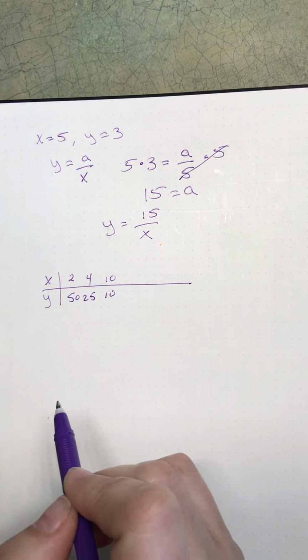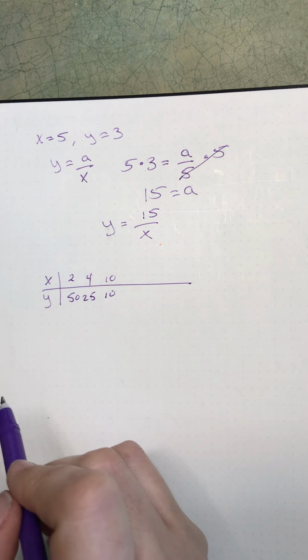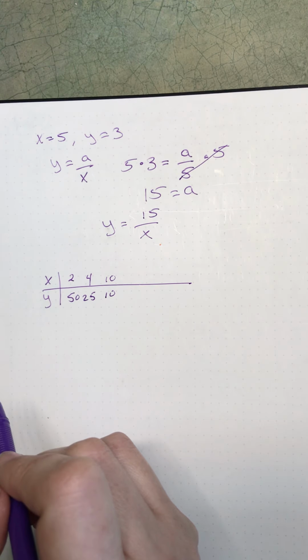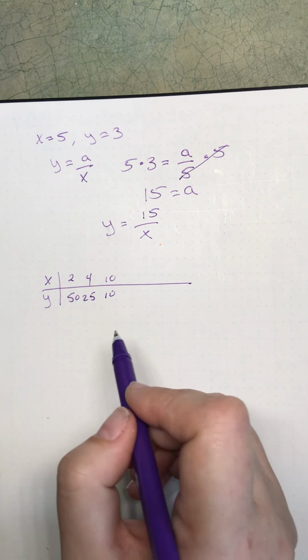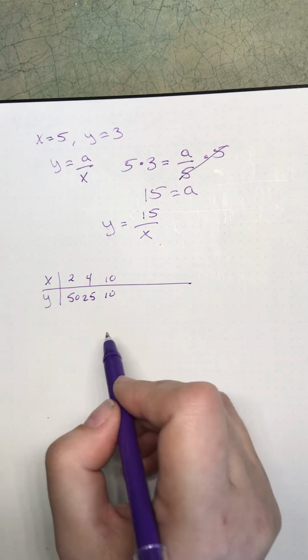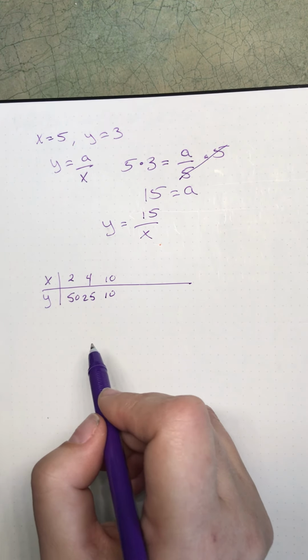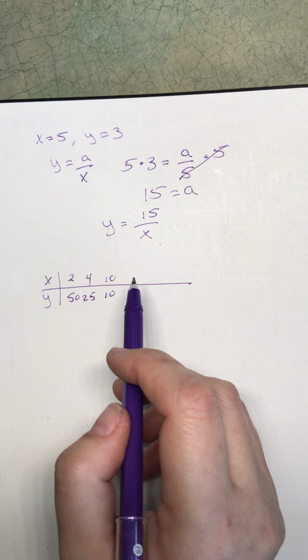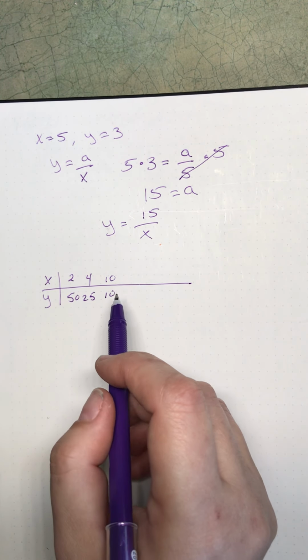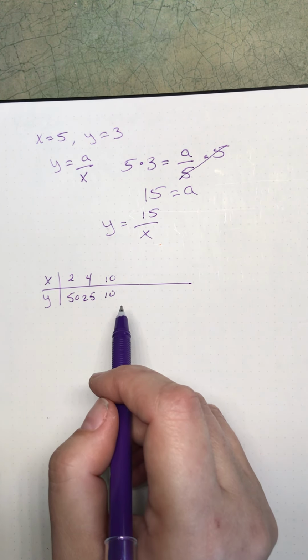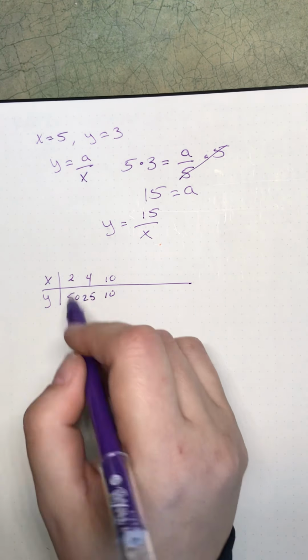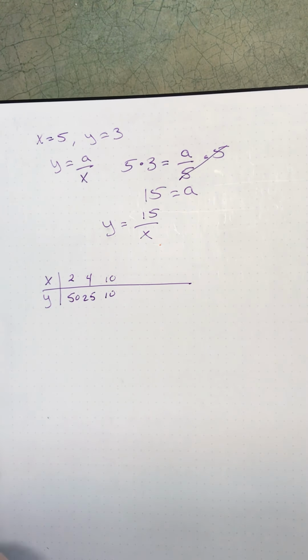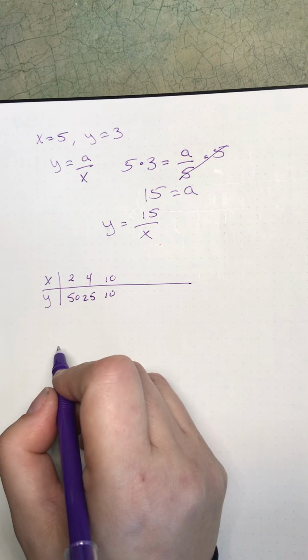If this is true, then if we multiply these together, we should always get the same thing, right?